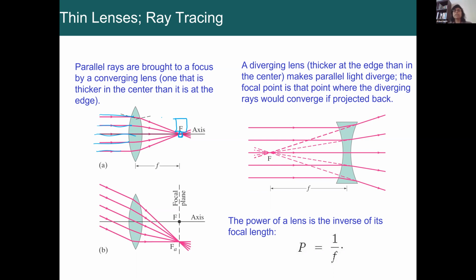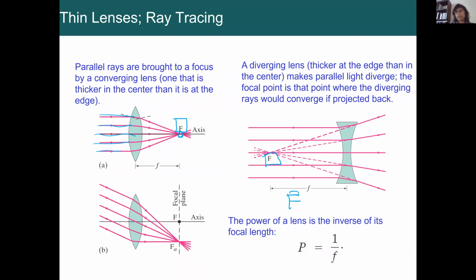We call that the important focal point for the drawing. If you keep the object on the left side, your important focal point will be on the right side. But if it is the diverging lens and you send the light, the important focal point will be on the left side. It is also the extended light that is going to merge into that place. Because of that, this focal point is negative.